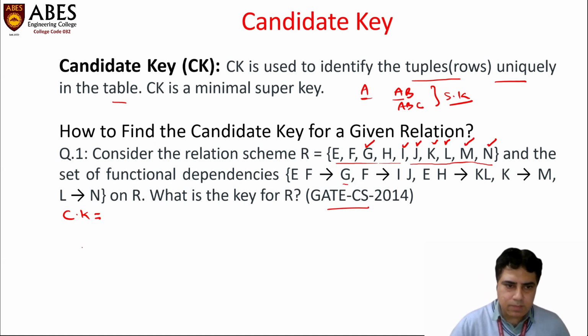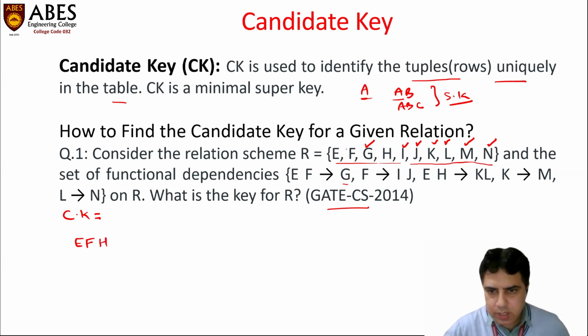So here are the missing attributes, E, F, H. The candidate key is determined through the combination of attributes from which we can determine all the attributes of a relation R. So E, F, H are the missing attributes from the right hand side.